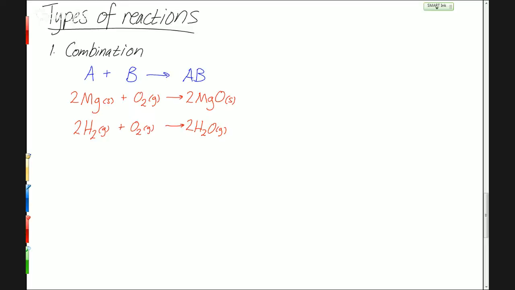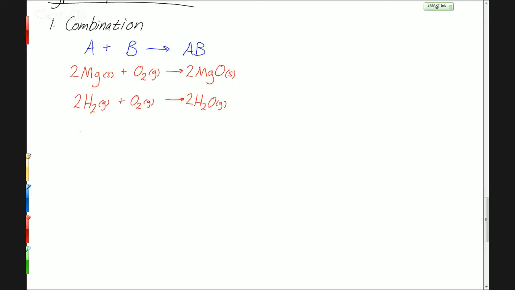And there are a couple other examples in the book. But basically, you take all the stuff on the left, you put it together into a new compound, and sometimes that will be predictable, and sometimes it'll be hard to predict. But that's the general idea.